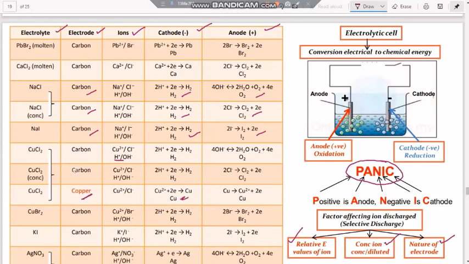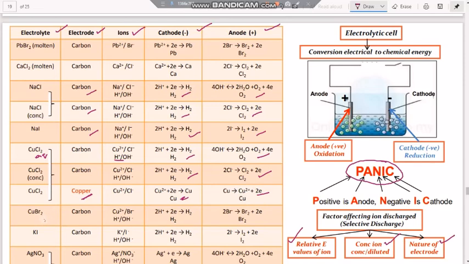When we have carbon electrodes, hydrogen is the product at the cathode and oxygen is the product at the anode, when the copper chloride is aqueous. When the copper chloride is concentrated, then chlorine is the anode product. Copper chloride with copper electrodes: at both electrodes the product is copper at the cathode, and at the anode we have copper ions.